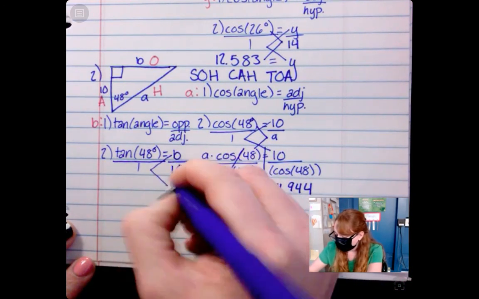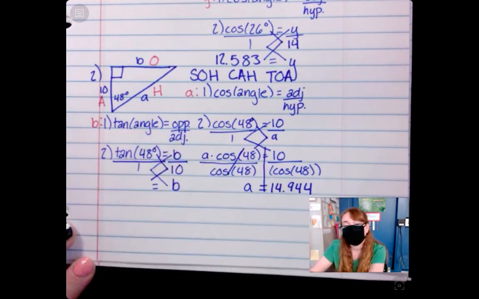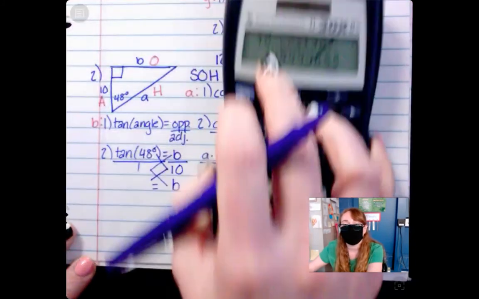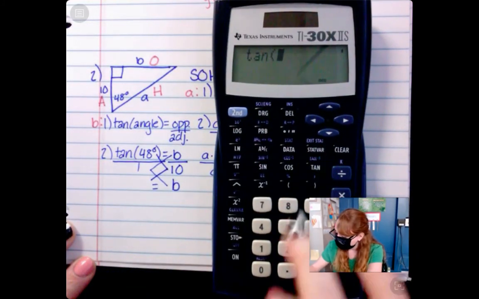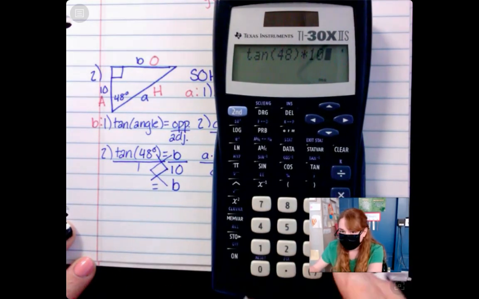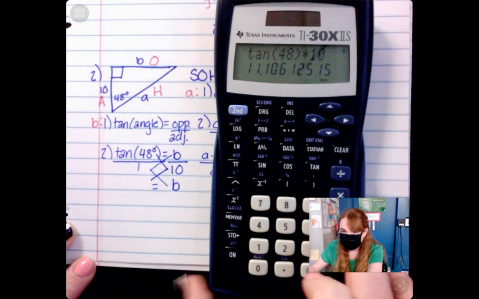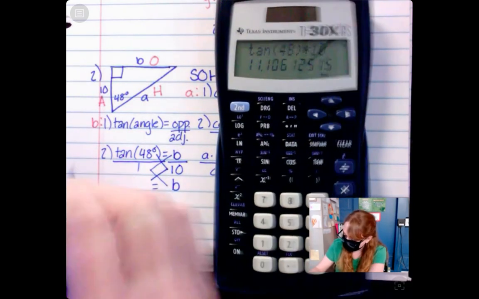B times 1 gives us B, and the tangent of 48 times 10 is where we bring in our calculator for the last time. So we have the tangent of 48, close our parentheses, times 10 gives us 11.106.